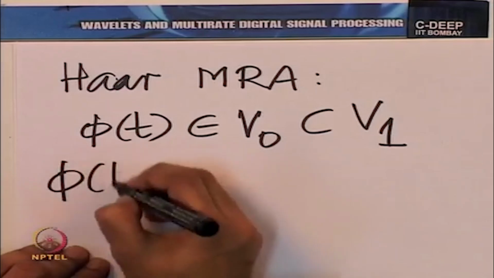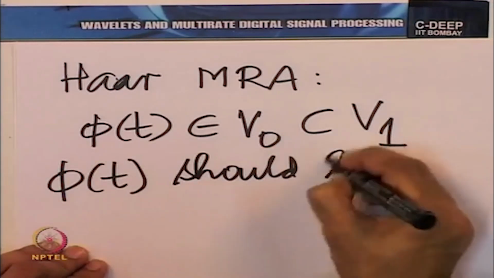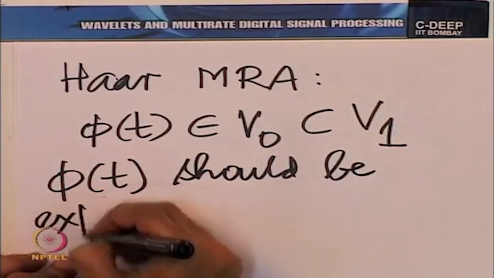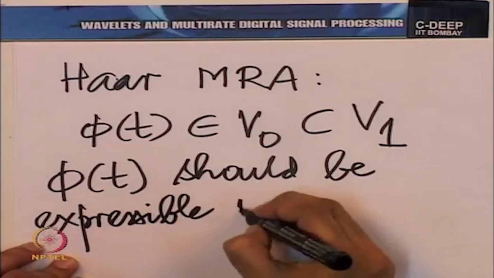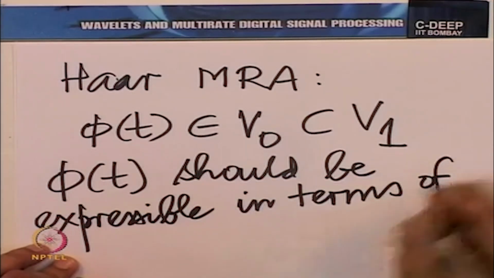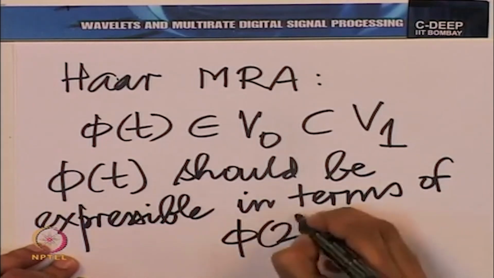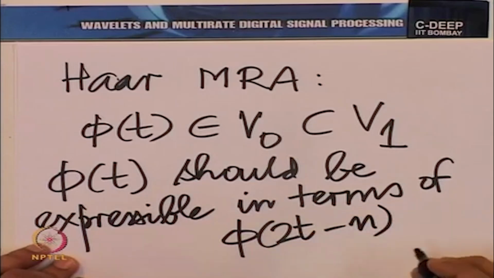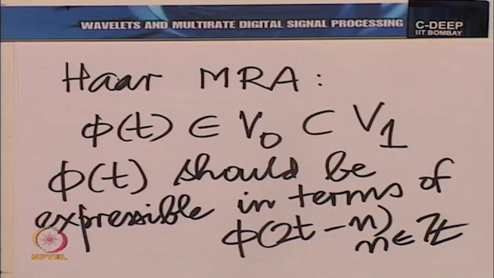So, phi t should be expressible in terms of the basis of V 1. And what is that basis of V 1? It is phi 2 t minus n for integer n. It is very interesting.